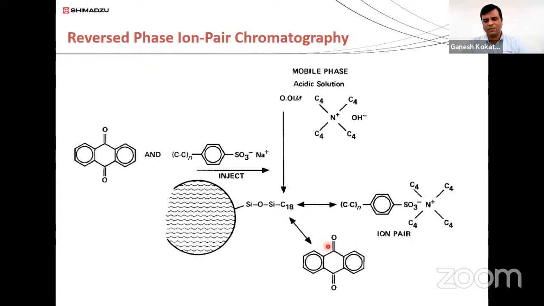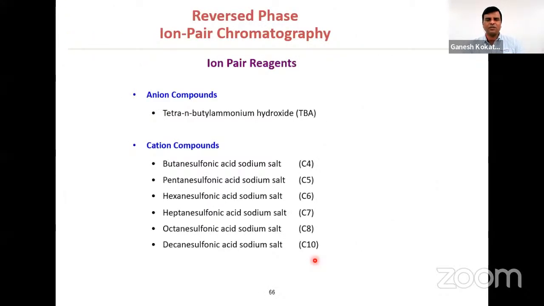For that purpose, we couple the sample with reagents which show ion pairing. So what are those reagents? The anion compounds are maybe TBA, normally we call tetrabutyl ammonium hydroxide.